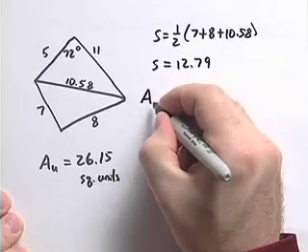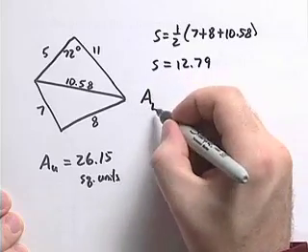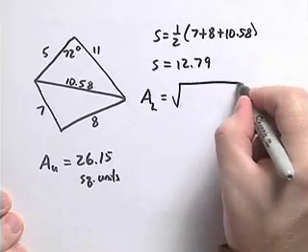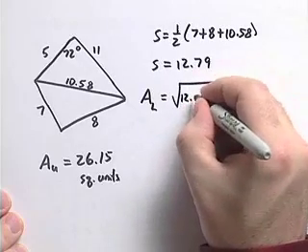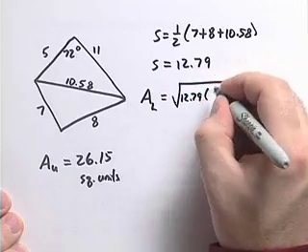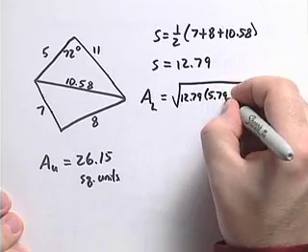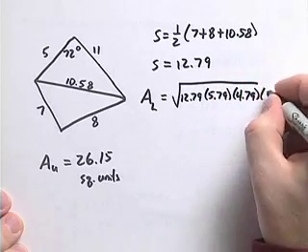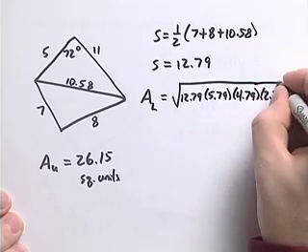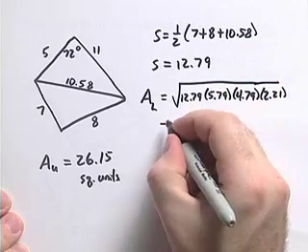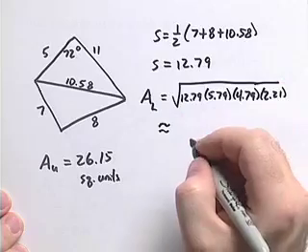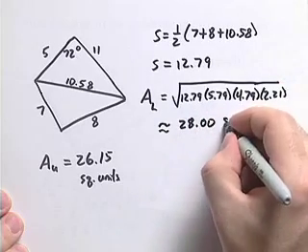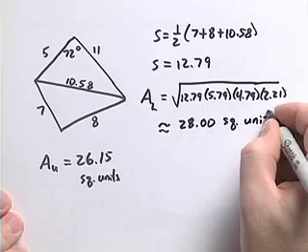We can find the area of our lower triangular region, we'll call it A sub L, L for lower, is going to equal the square root of 12.79 times 5.79 times 4.79 times 2.21. And if we evaluate that, we'll see that the area of the lower triangular region is approximately 28.00 square units.